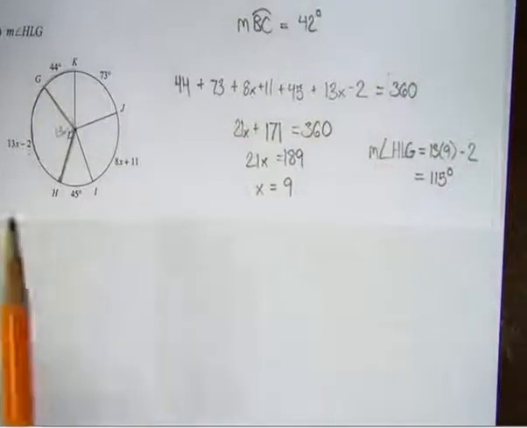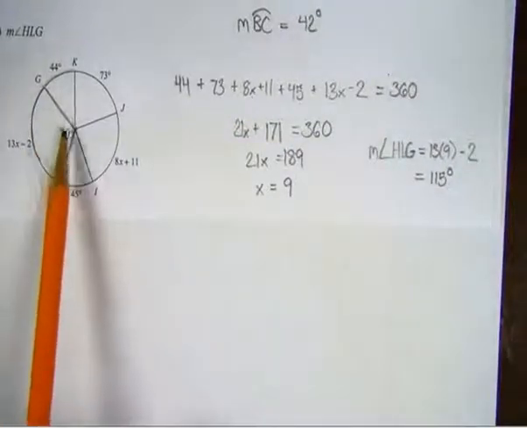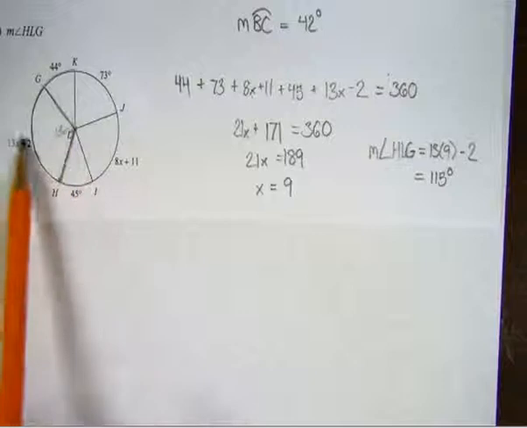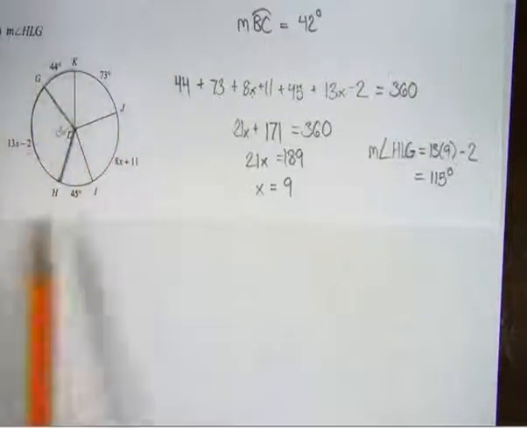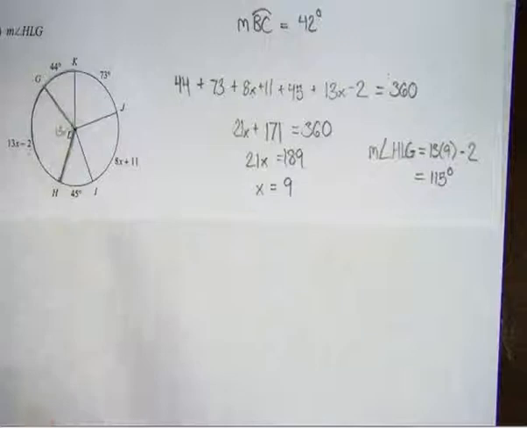So again, here I'm combining pieces of information that I know: that central angle measure is the same as the measure of the arc, and that the total measure of angle and arc in a circle is 360 degrees.